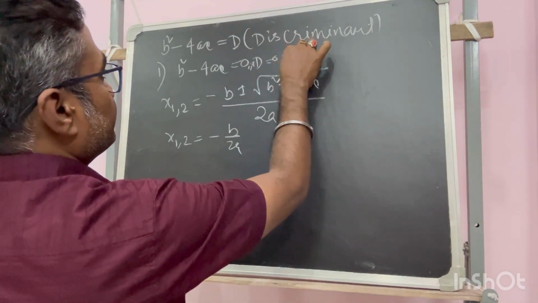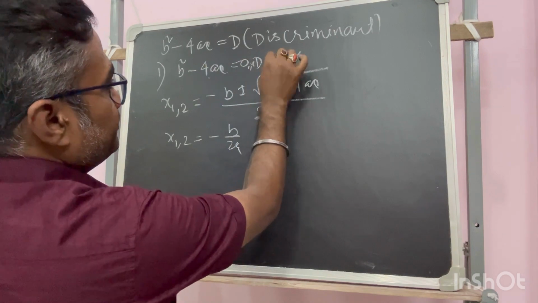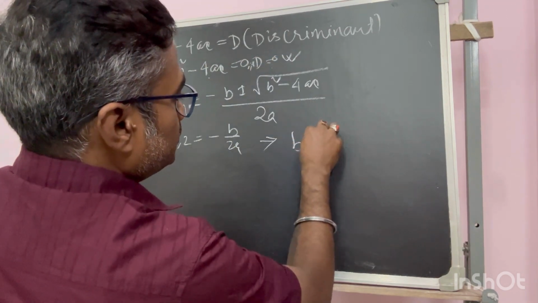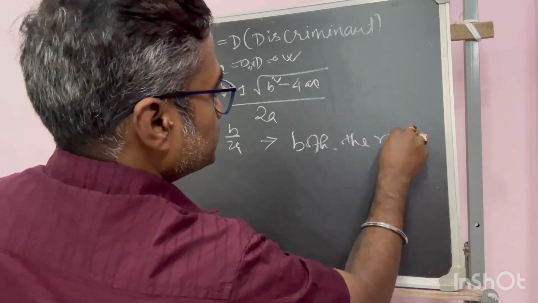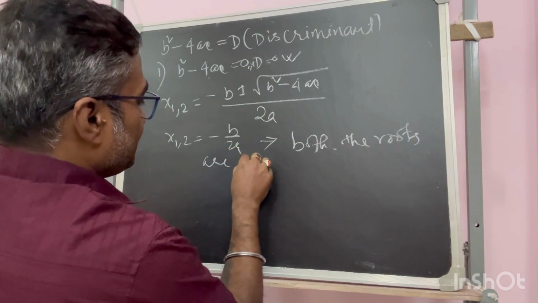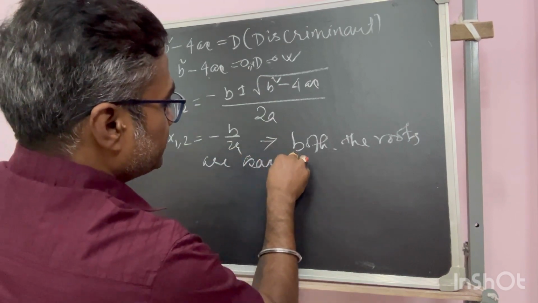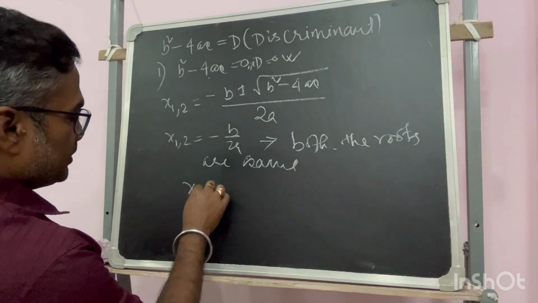So we can conclude, if the discriminant is 0, both roots are the same.